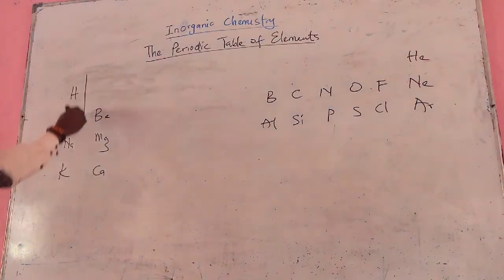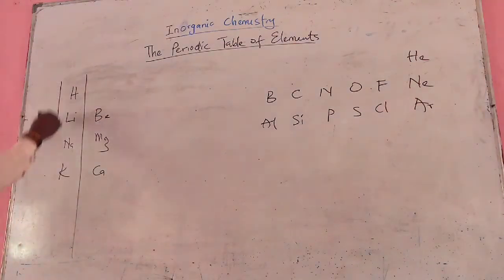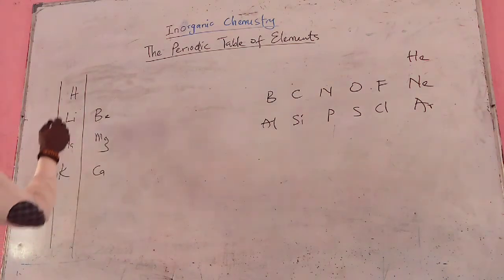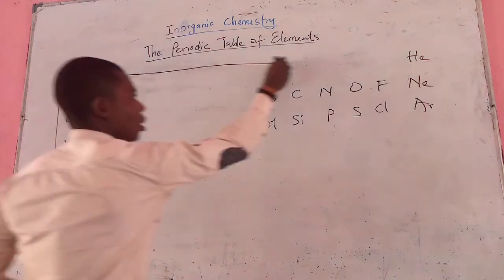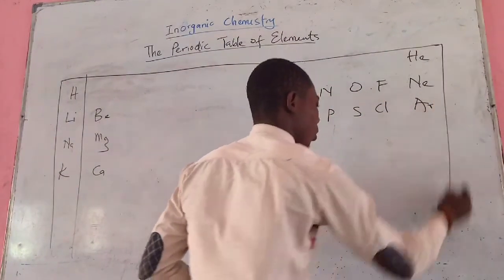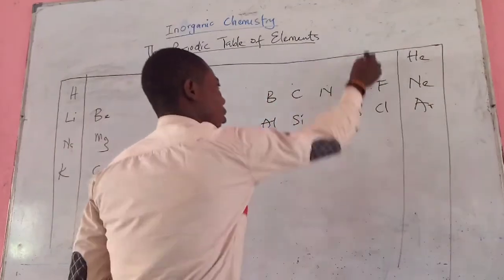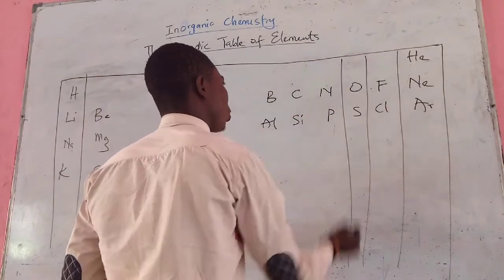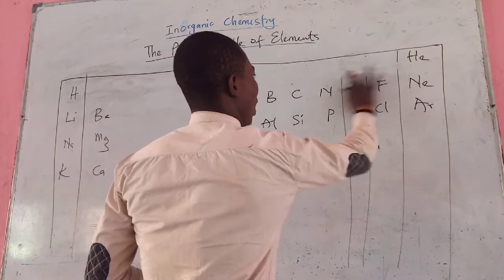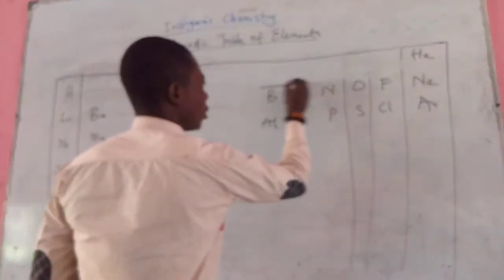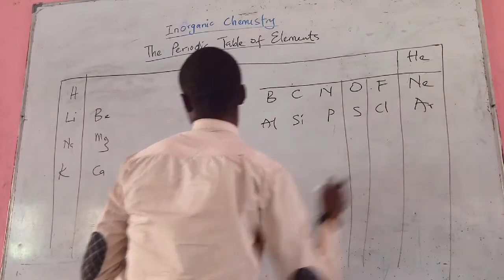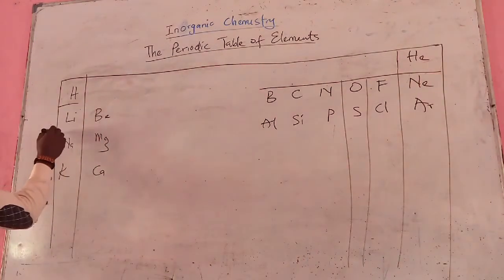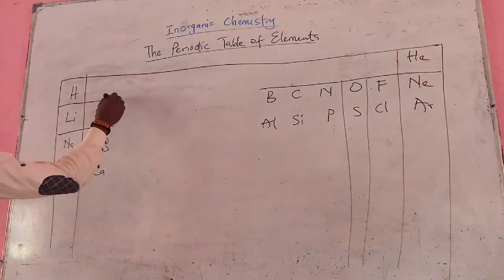Now we say we have 7 rows, otherwise called periods, in the periodic table. And we have 8 groups. There are 8 groups of elements.